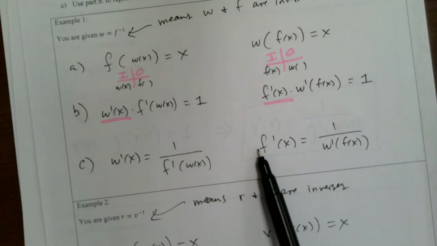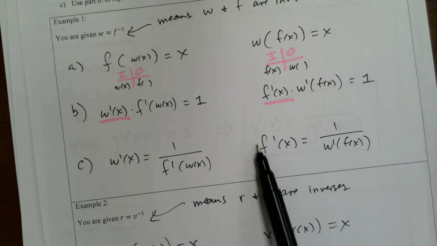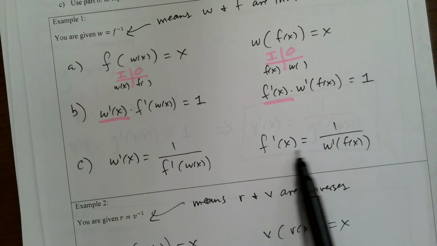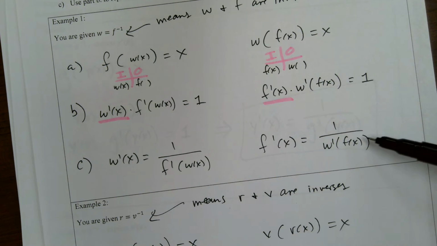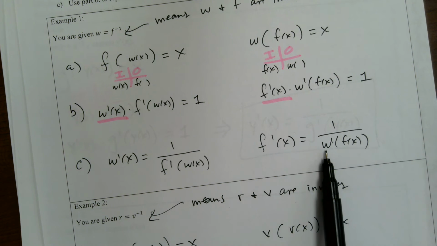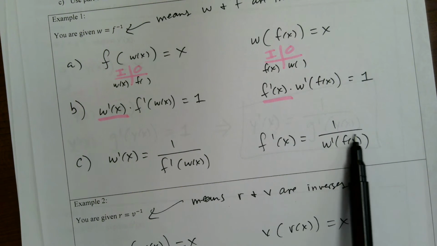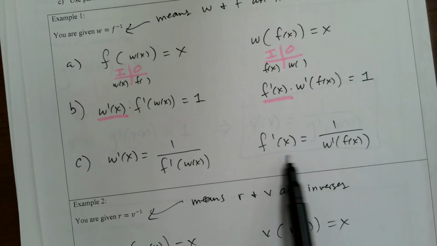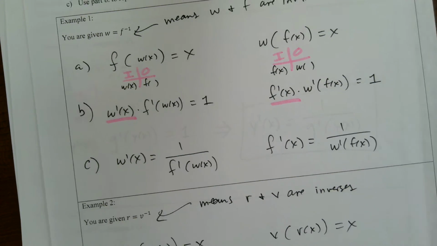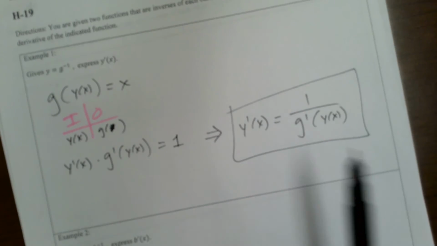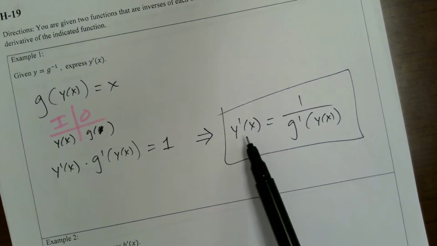So if this is the derivative, then the other side is 1 over the derivative of the other function with the original of this inside. That's basically the pattern. Same thing here.